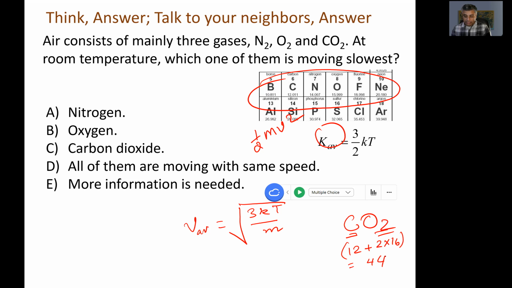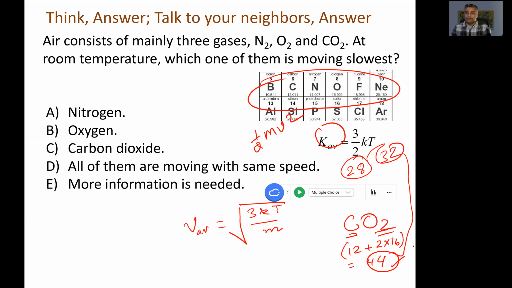Yeah, looks like that's 44. So the oxygen has 32 and nitrogen has 28. So 28, 32, 44. So this is the heaviest one.